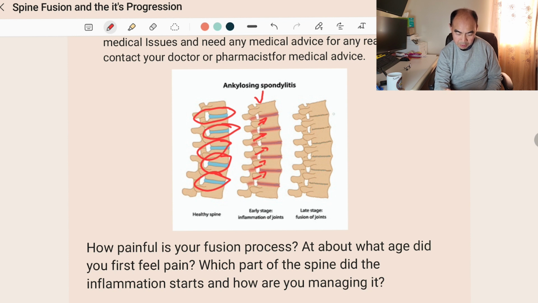And over time, you can see here is basically the bone overgrowth that grows together and completely fuses your bones, your spine, and thereafter your spine has no more movement.